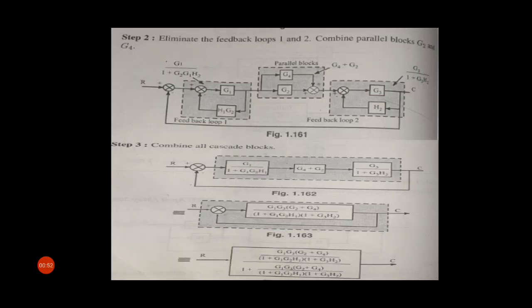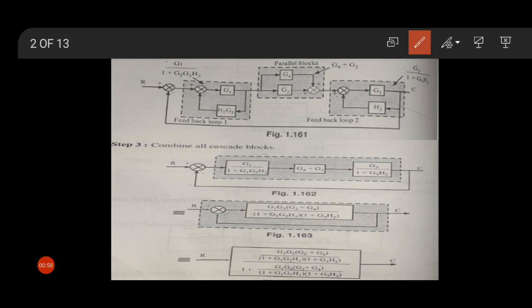After that, in the next step, we eliminate the feedback loop and combine this parallel block.